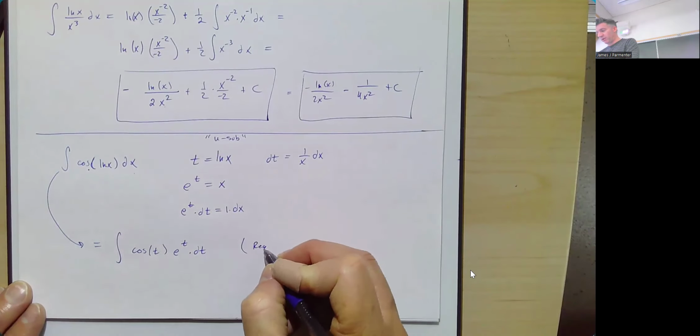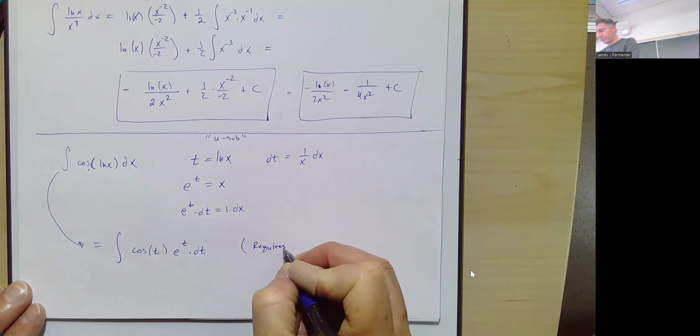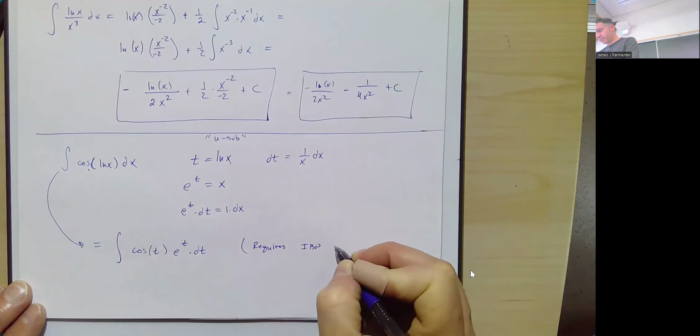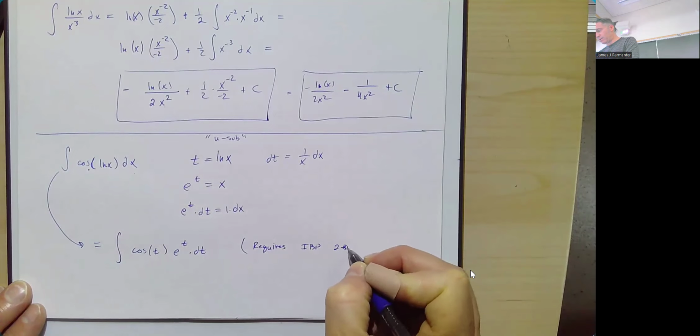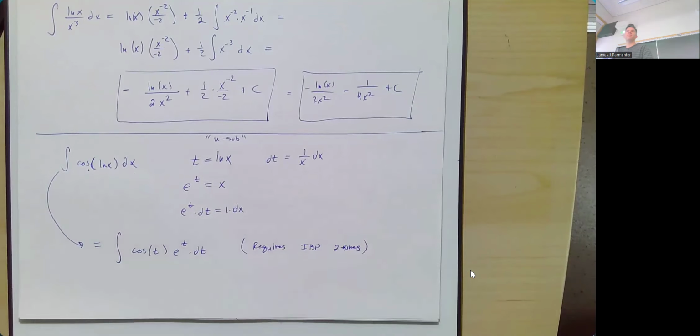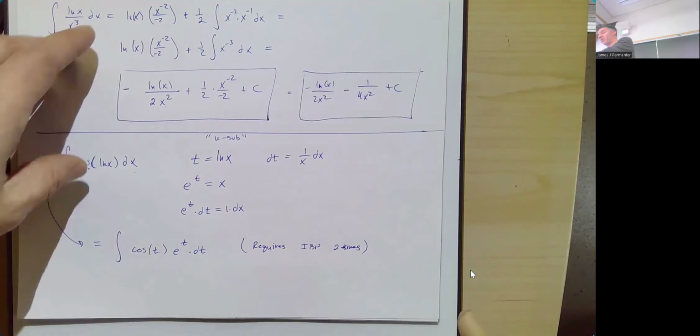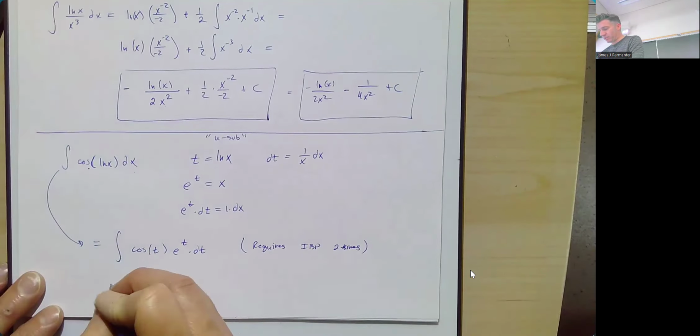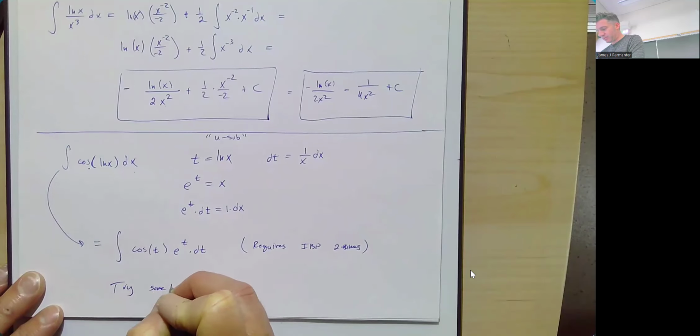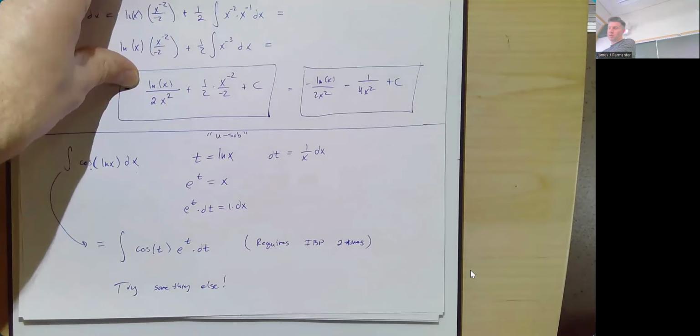This requires integration by parts twice, and then some trickery. But there's not always just one way to do something. So let's look at another option here. Let's try something else.